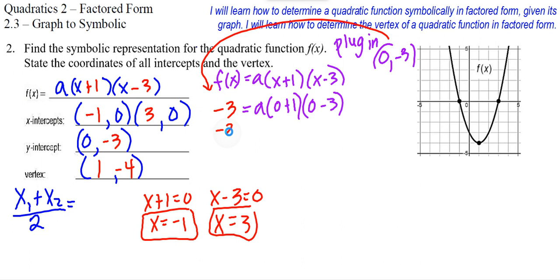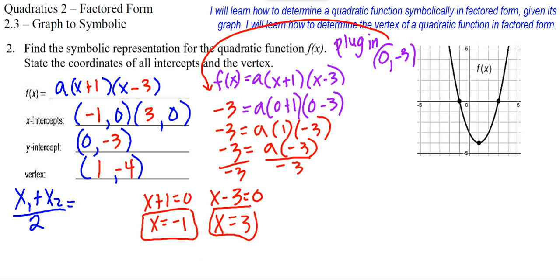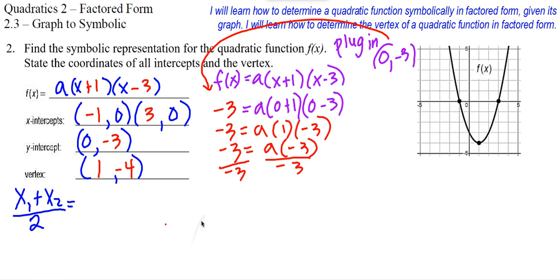So we have negative 3 equals a times 1 and negative 3, that's another negative 3. We divide by negative 3 on both sides. Let me erase this one right here. If we divide by negative 3 on both sides, we'll get a positive 1, right? So a is equal to positive 1.